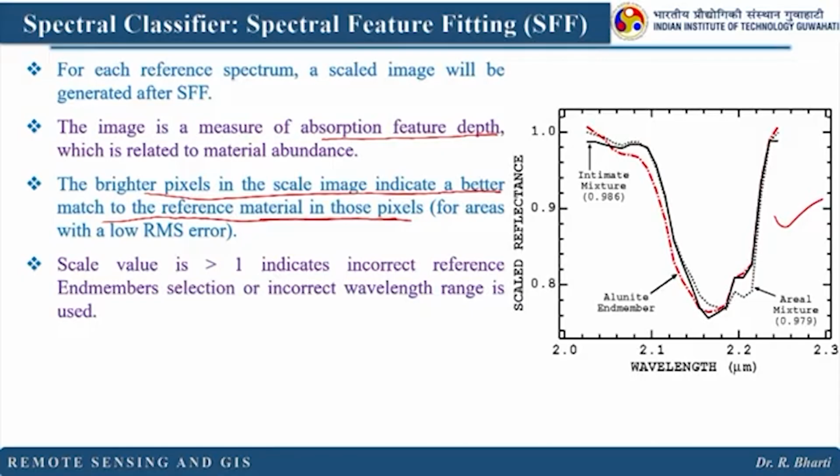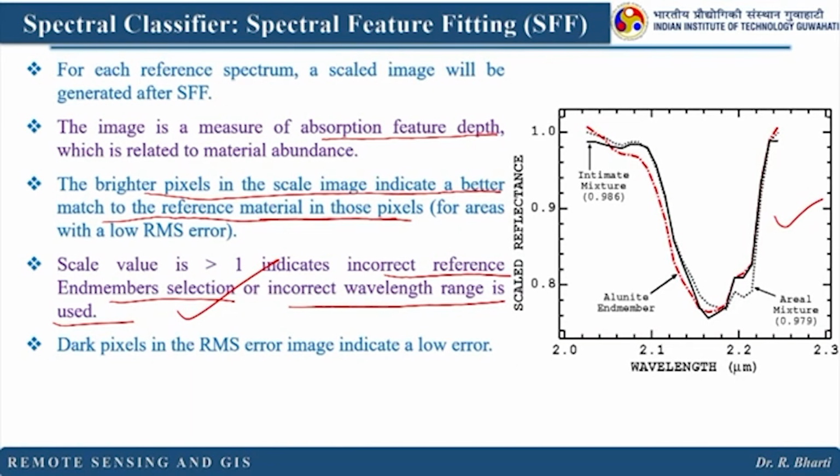When the scale value is greater than 1, it indicates incorrect reference end member selection or an incorrect wavelength range used. So here if you are getting a value above one, that means you cannot have a match of more than 100%. That means something is wrong, so you need to modify your end members and then run this method again. A dark pixel in the RMSE image indicates a low error.